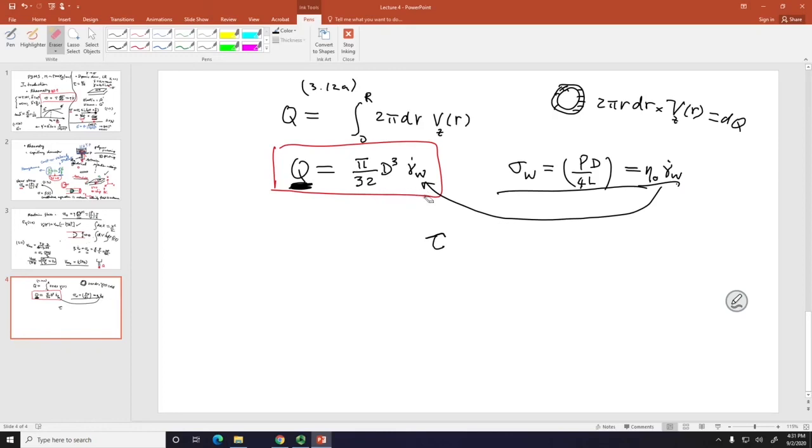According to this formula, it tells you how fast it is. If you know the Q, you want the Q to be as large as possible, which means your shear rate at the wall will be as large as possible. Then you can construct what? How do you indicate that what's coming out is fast or not?